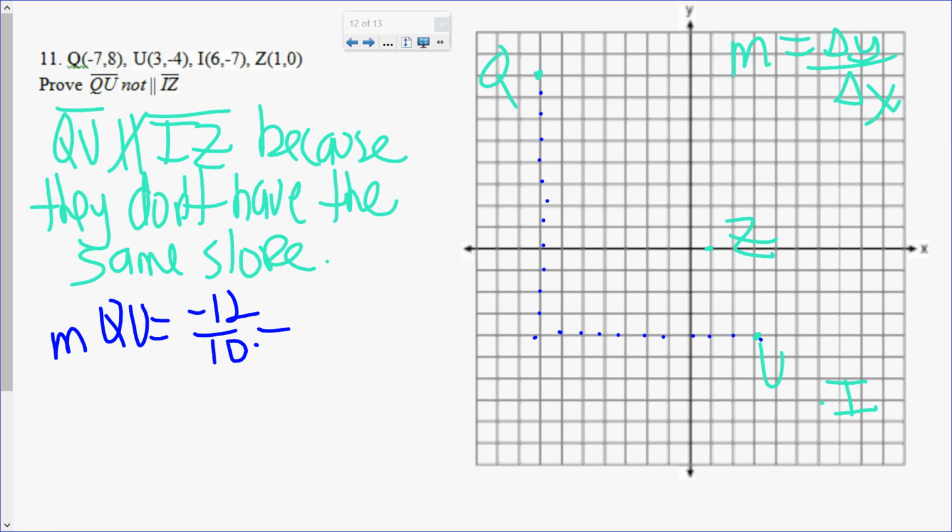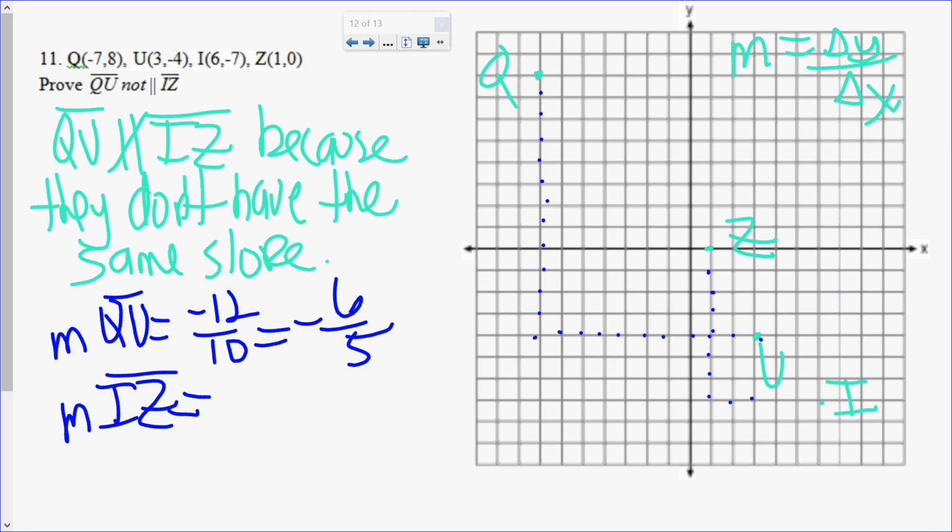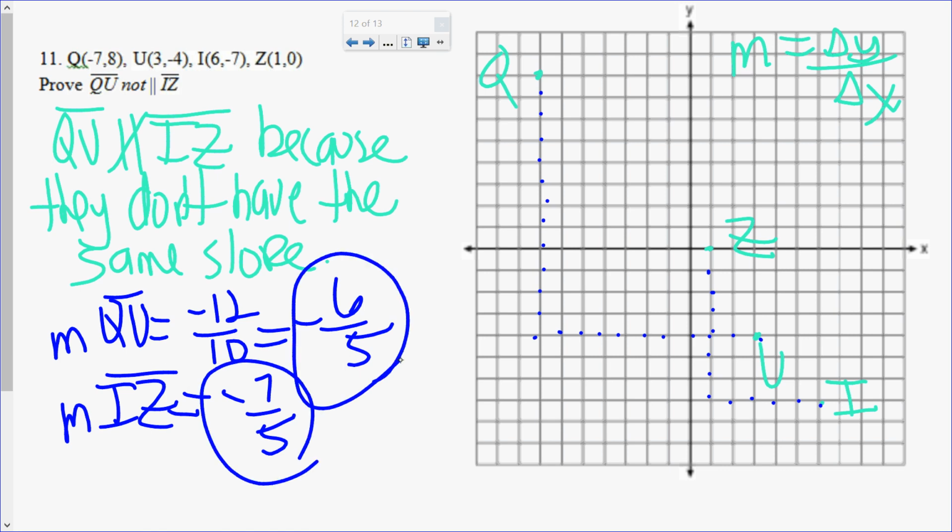Down 12 over 10 reduces to negative 6 over 5. Slope of IZ, down 1, 2, 3, 4, 5, 6, 7, over 1, 2, 3, 4, 5. Negative 7 over 5. They don't have the same slope, therefore they're not parallel.